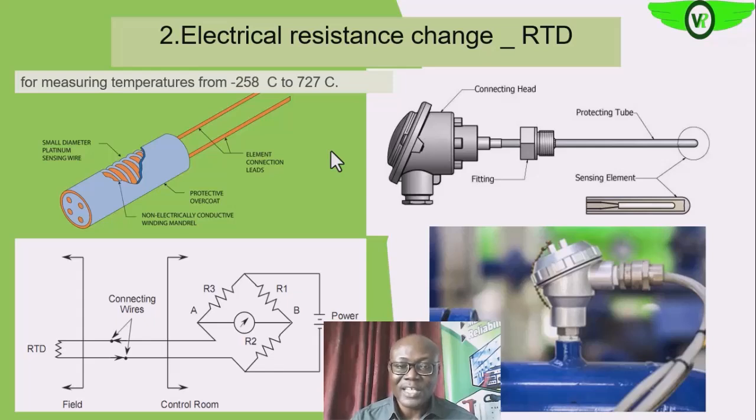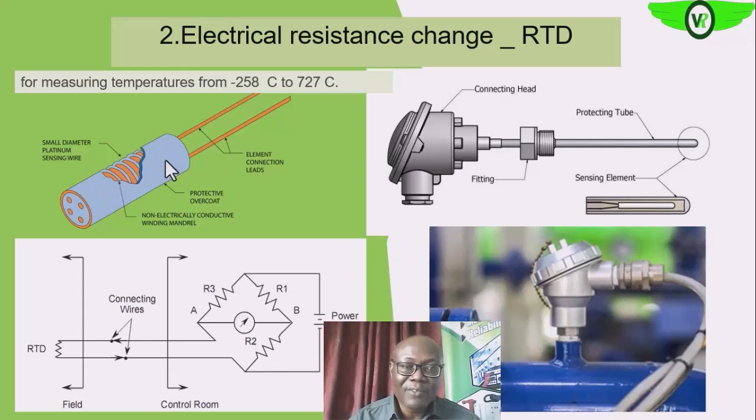That is, if it is one that has a positive coefficient, the resistance of the material will be increasing as the temperature is increasing. If it's one that has a negative coefficient, as the temperature of the process is increasing, the resistance of that element, the sensing element, the sensor, will be reducing.